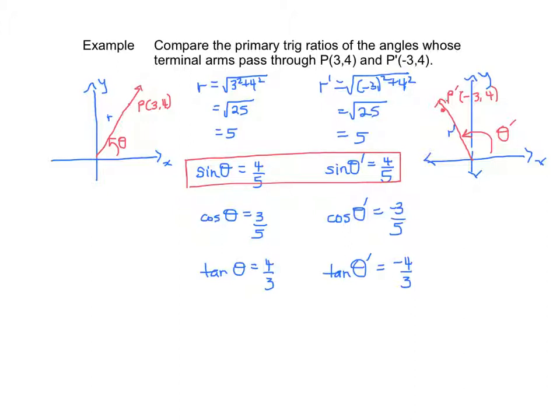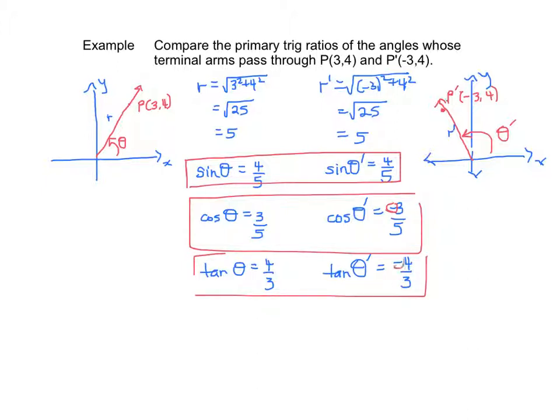Okay, another way of saying that is the points on their terminal arms are symmetric across the y-axis. So they have the same sine ratio. Now the cosine ratio is also almost the same, except that in quadrant 2, cosine is negative, okay? And the tan ratios are also almost the same, except in quadrant 2, tangent is negative.